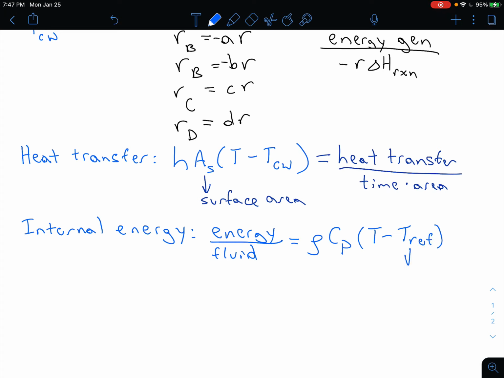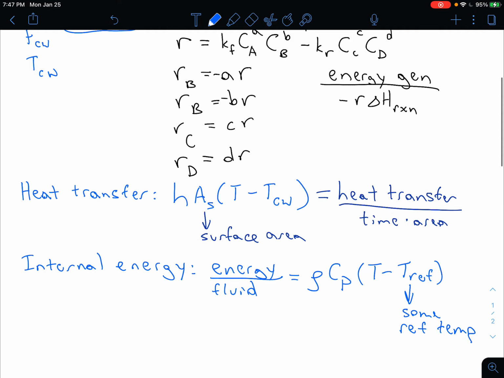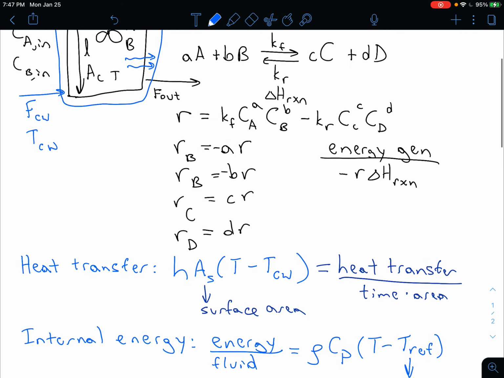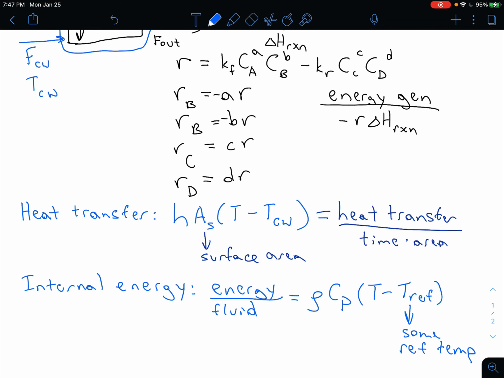Now Tref is just some reference temperature. It usually ends up falling out of the math, so it's usually not too important what it is. But just so that we don't step on the toes of any of your thermodynamics professors, let's assume that whatever Tref is, there is no phase transition that occurs.